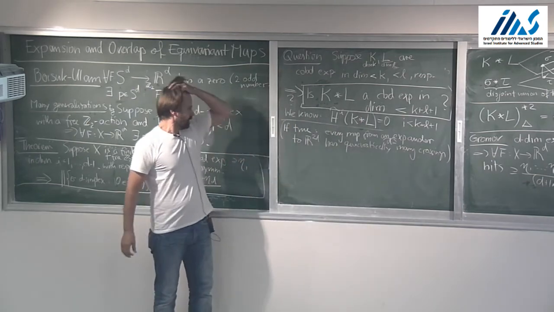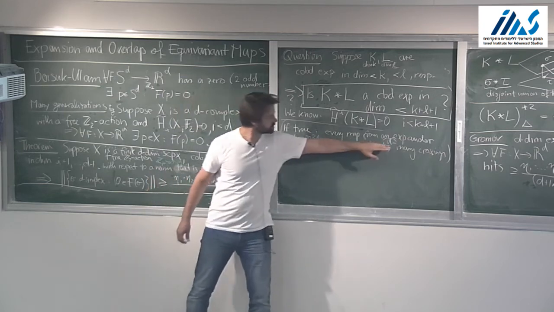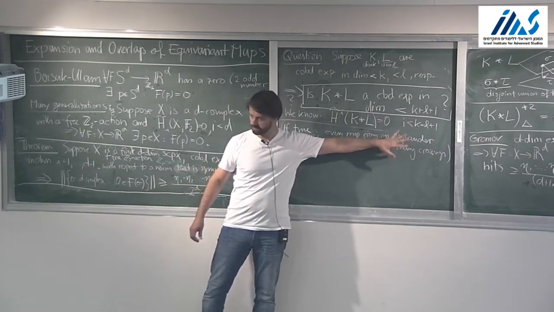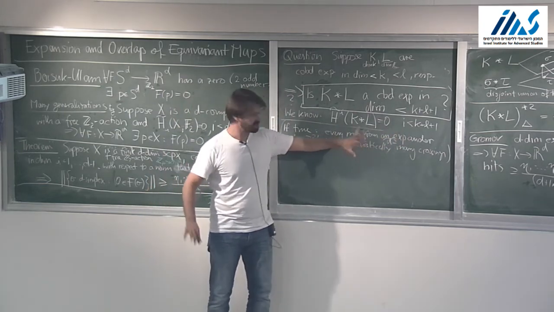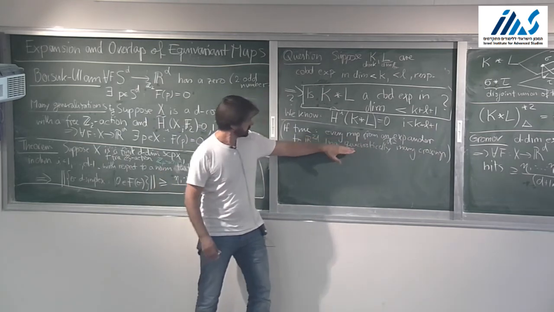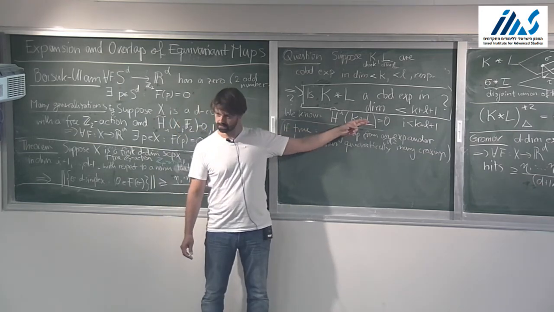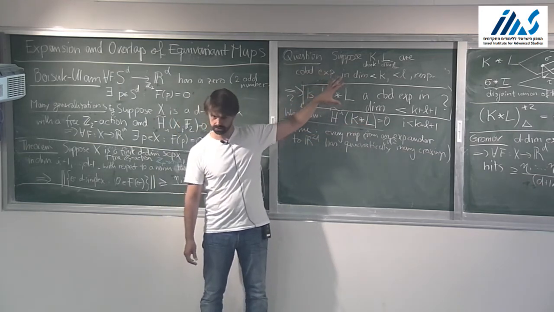Okay, if you had such an expander, let's assume it's also locally sparse. That's a technique. But let's sort of permit that. Then if you have an expander K, then its join with itself by this would be an expander.